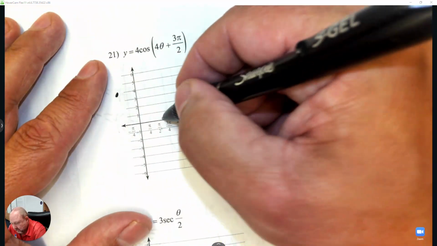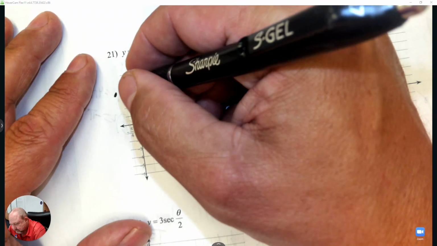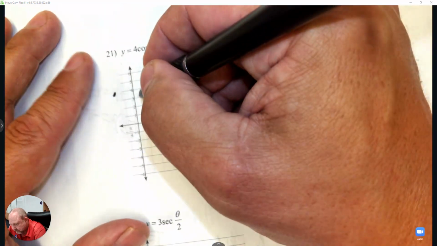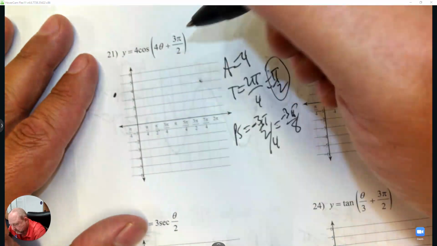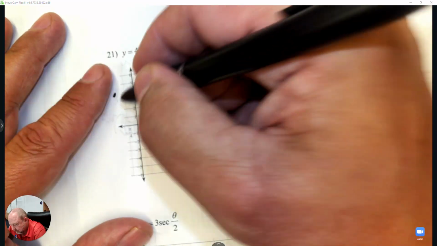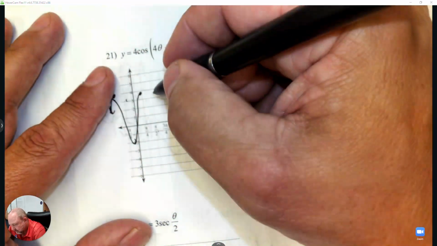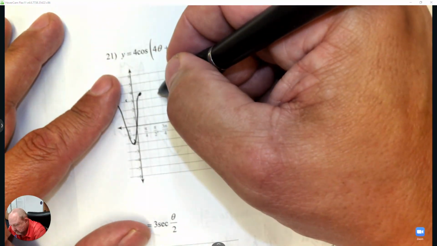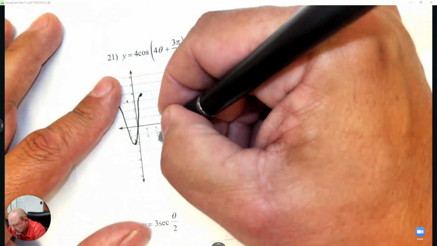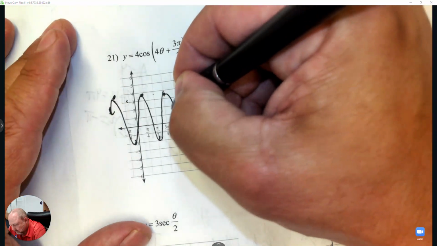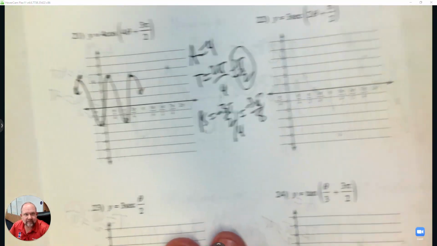Pi over 2 is 2 to the right. And in the middle, and it continues. That's enough.